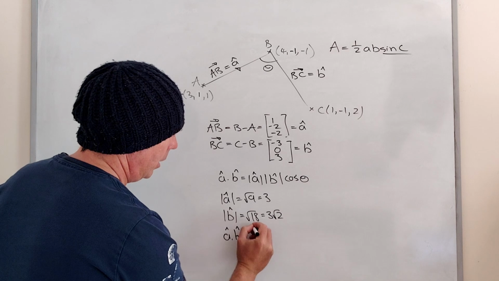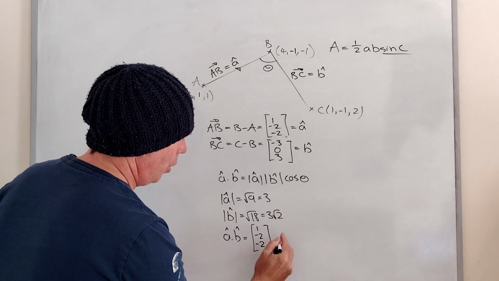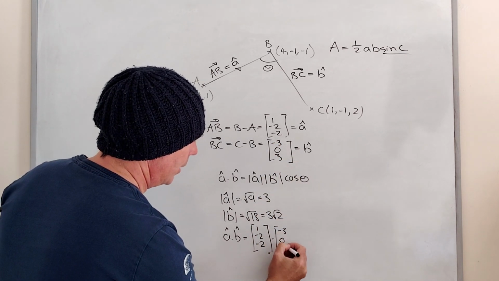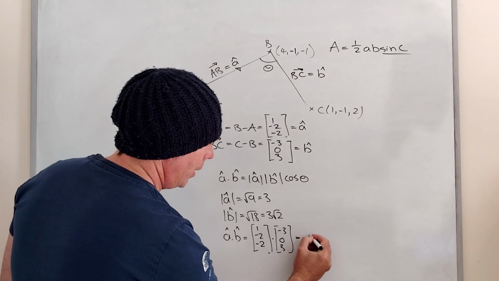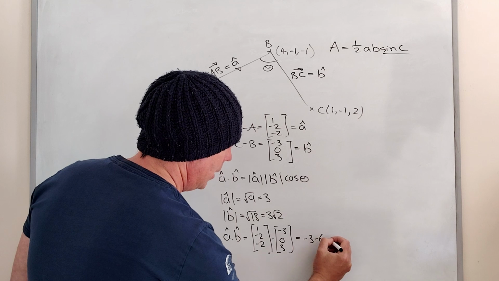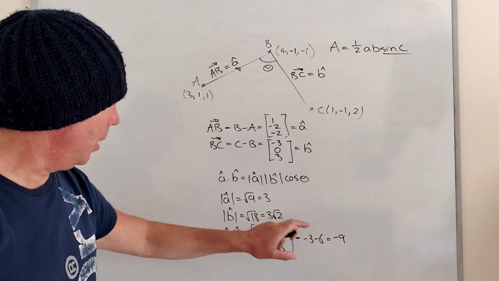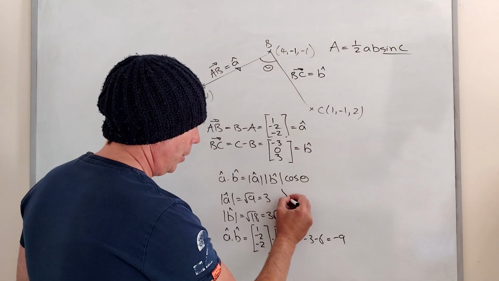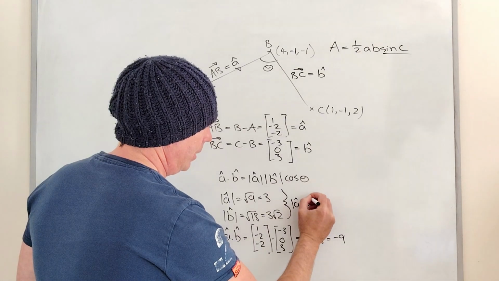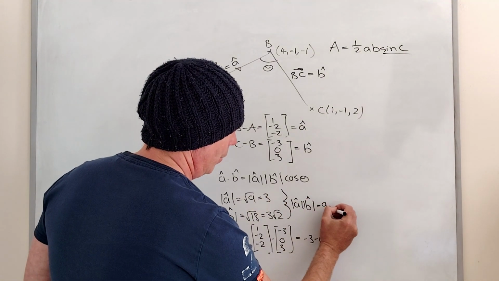Now we work out a dot b, the dot product. If you know your dot product, it's simply the product of like elements in each of the vectors, summed together. So 1 times -3, 0 in the center, and -2 times 3, which is -6. So we get -9. We also want the product of the moduli of our vectors, which is 3 times 3√2, which is 9√2.